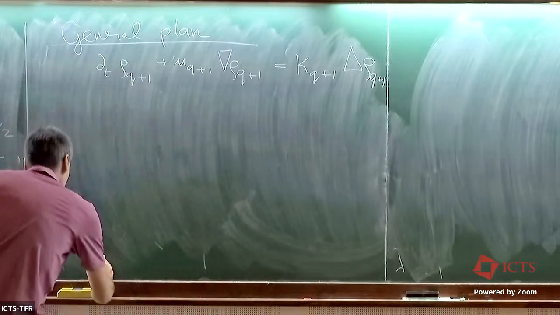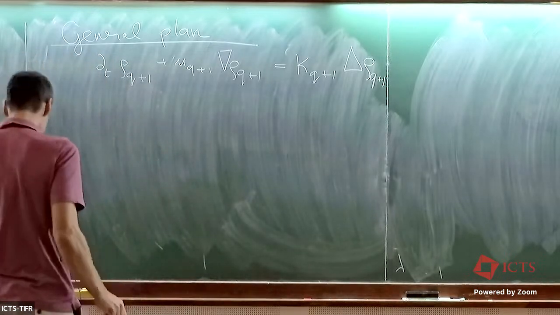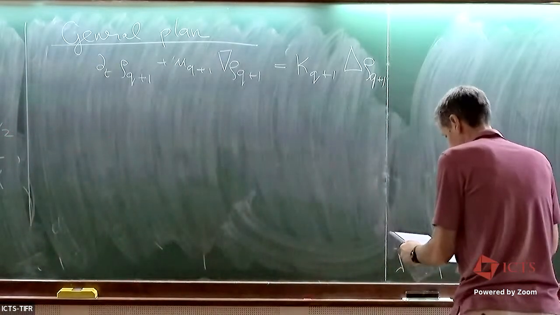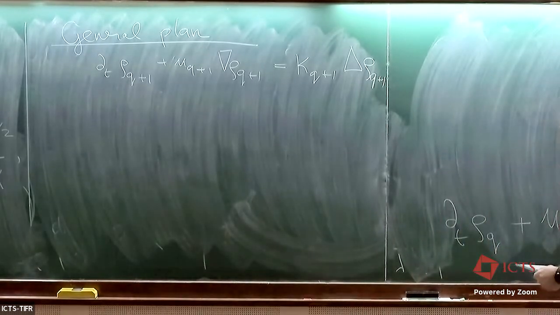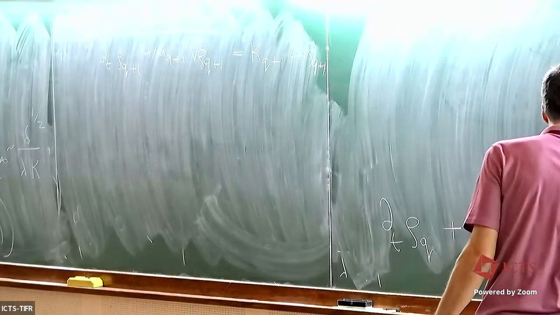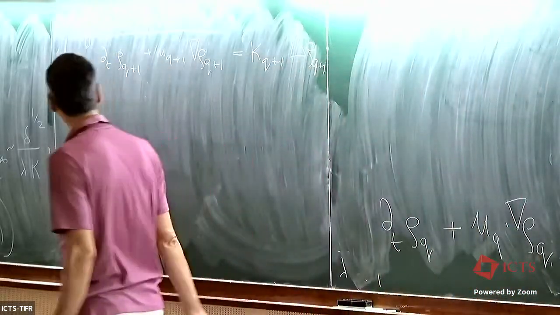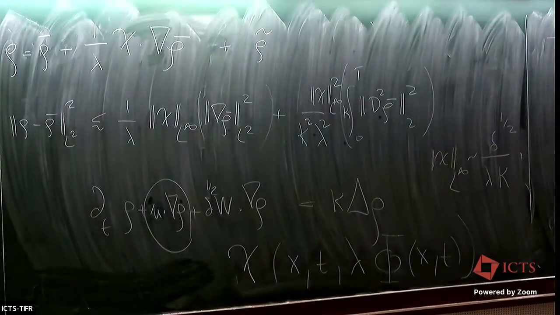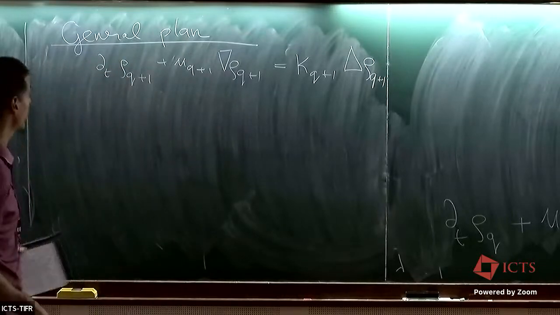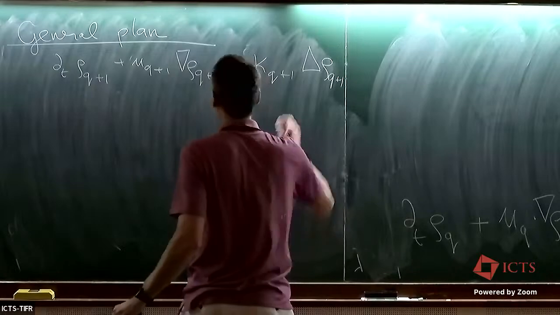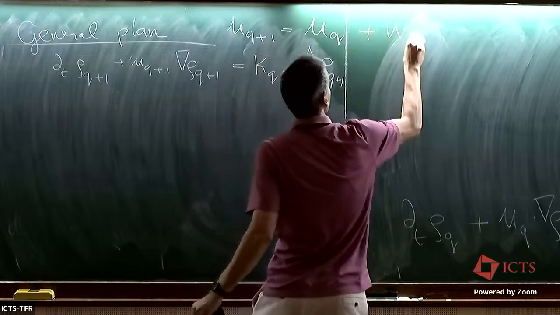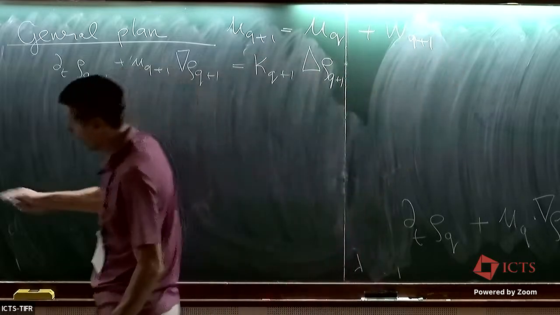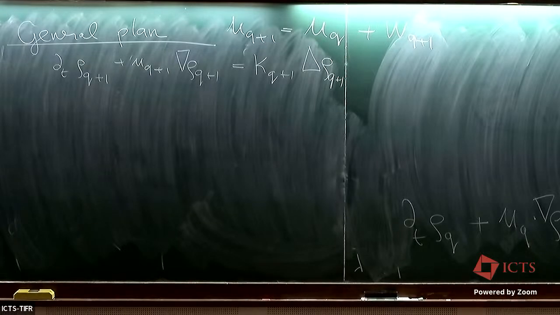And I want to end up with this one, the same equation for Q. Okay, so it's what I was explaining yesterday. You have Q going from 1 to infinity when you define the vector field. So you have U Q plus 1 equals UQ plus WQ plus 1, and this has the form of that W, and this would be the UQ.